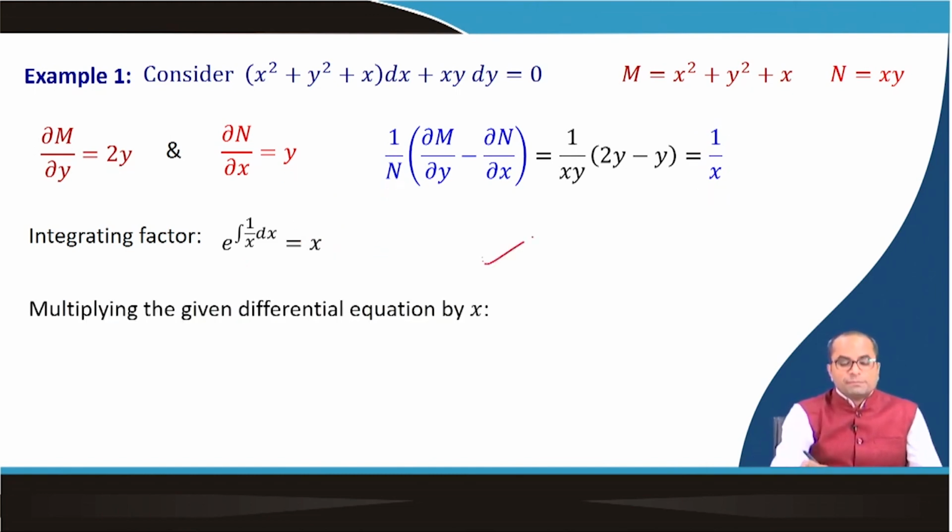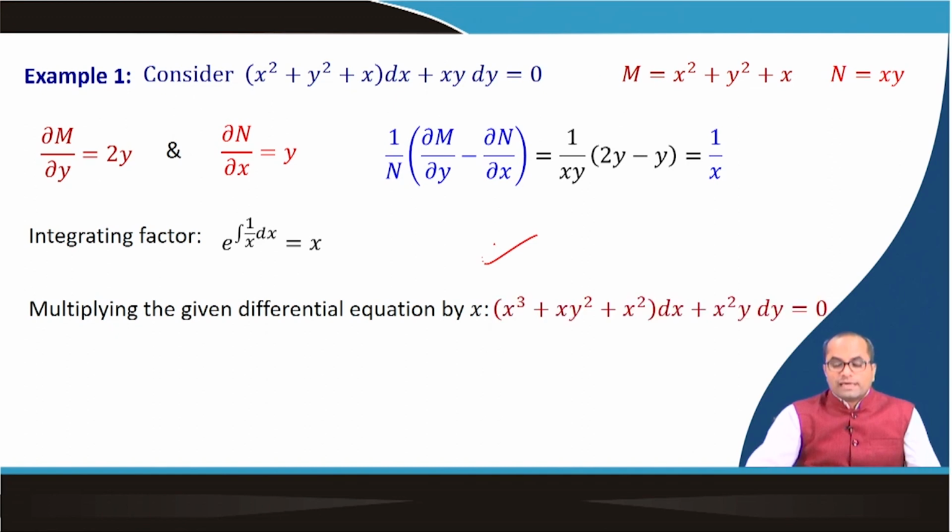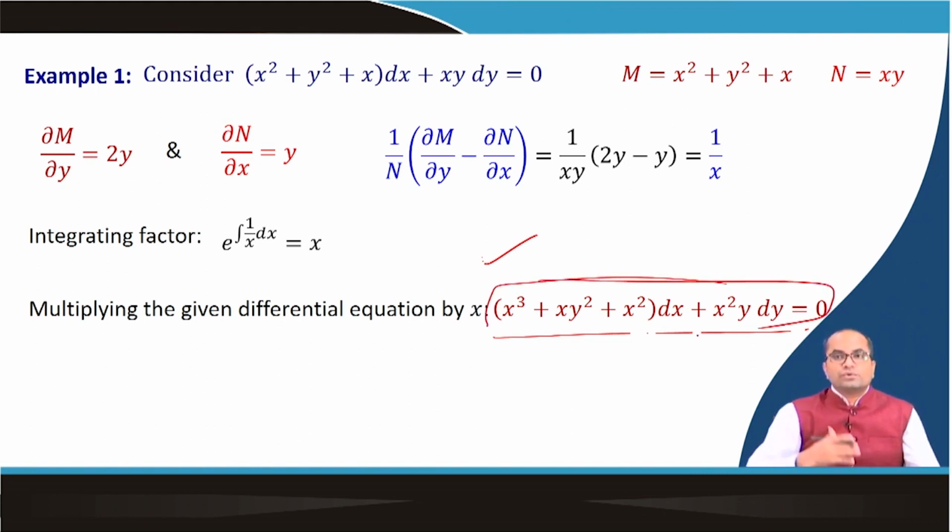So, this x is the integrating factor for the given differential equation. That means, if we multiply the given differential equation by x, then this differential equation is now an exact differential equation, whose solution we can get either by finding the f, or by the simple direct trick we have.